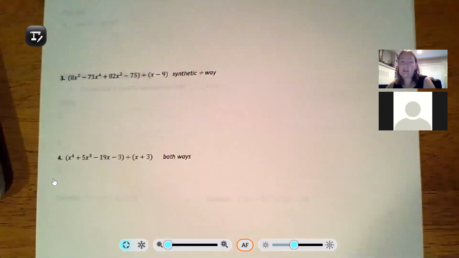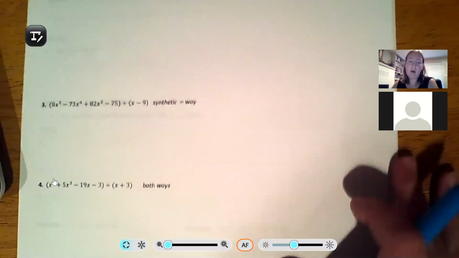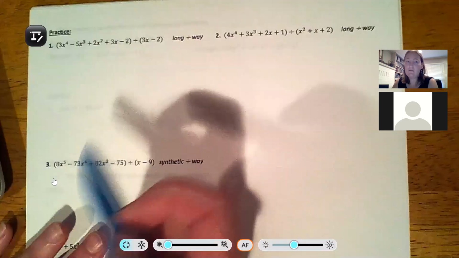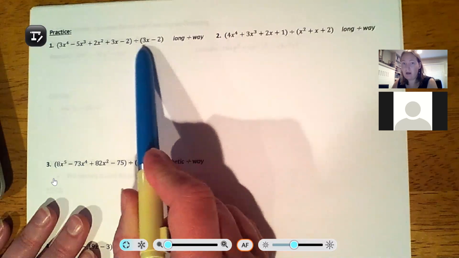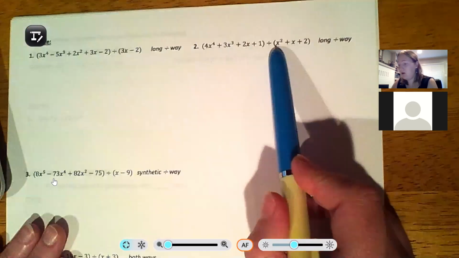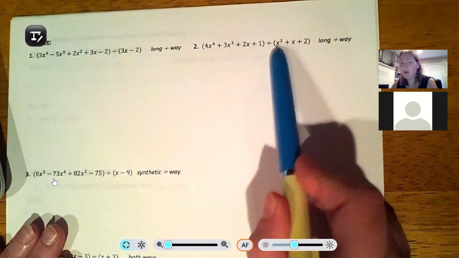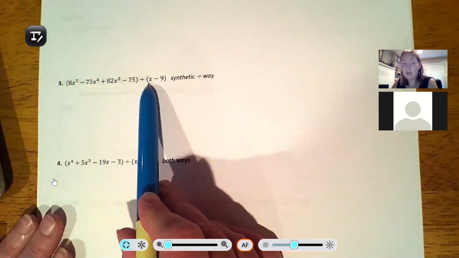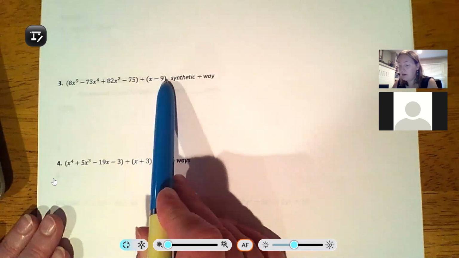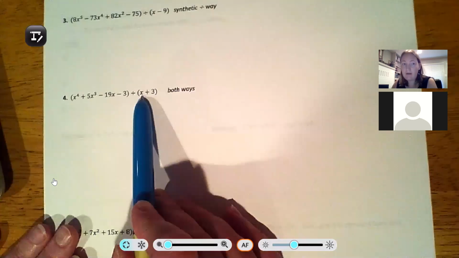So I've got some practice problems. I'm not going to do them all, but I'm just going to mention like this one would have to be done with long division because of the 3 there. This one would have to be done with long division because of the x squared. This one you could do either way because it's just x plus or minus a number. This could be done either way.